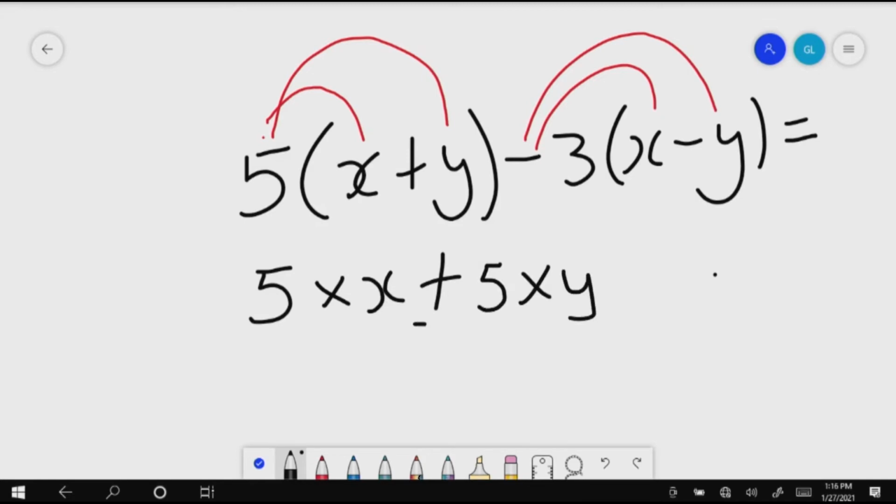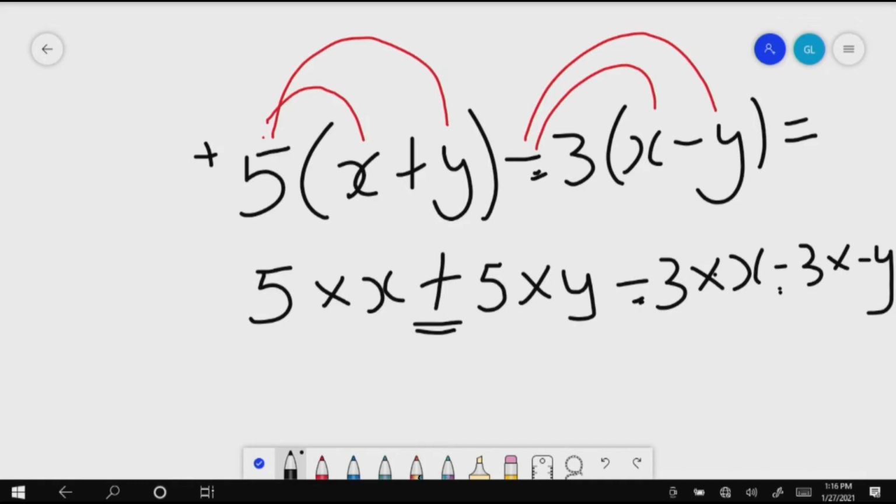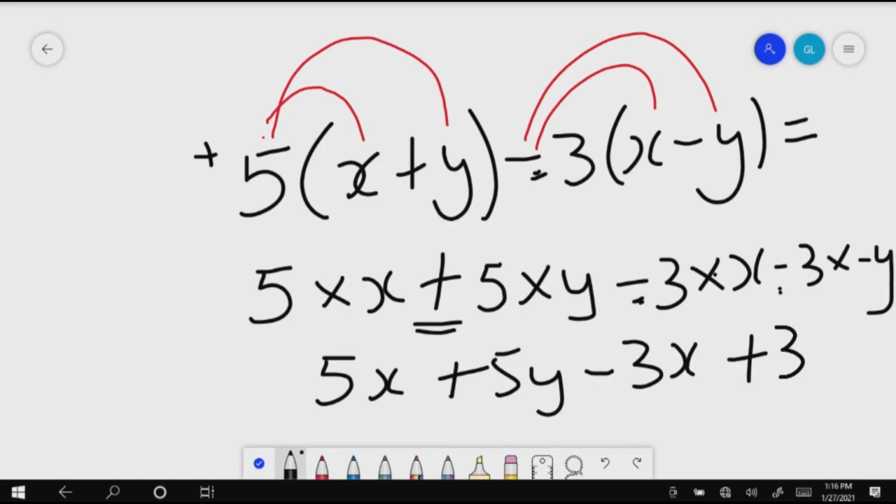Now, why we use a positive here, it's because this 5 is positive. And there again, why we use a negative here and here, it's because of this negative here. And for the simplifying, this is 5x plus 5y minus 3x plus 3y.